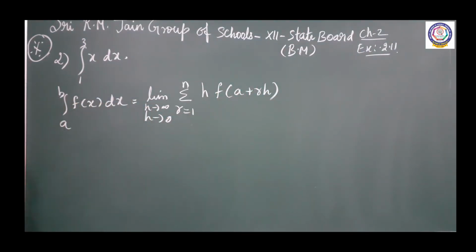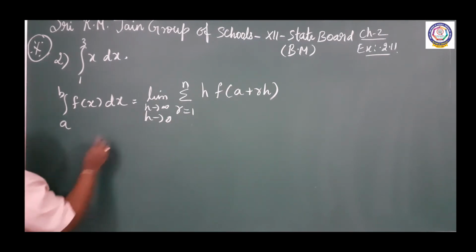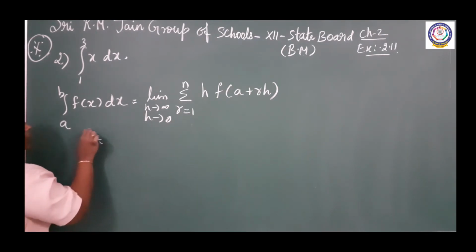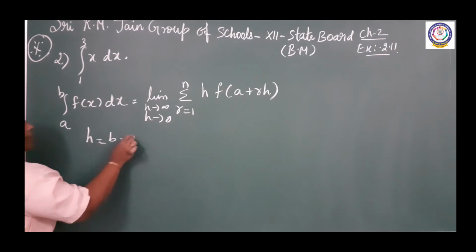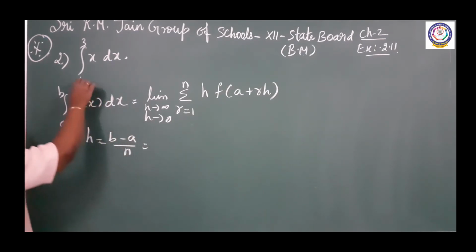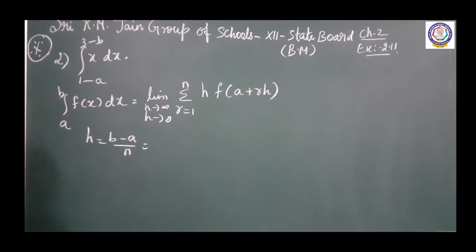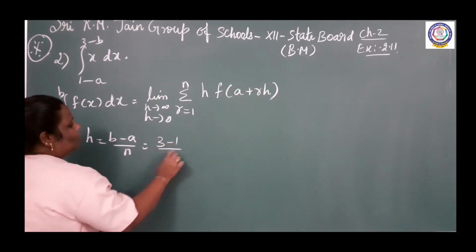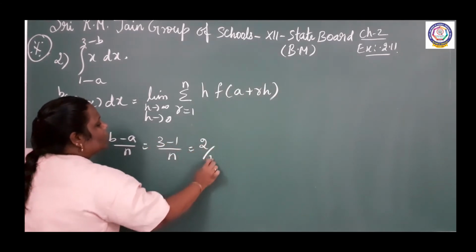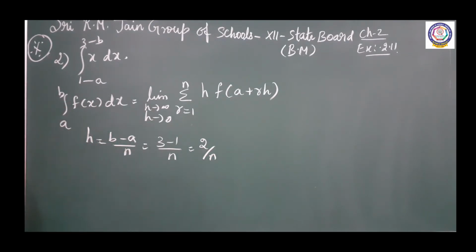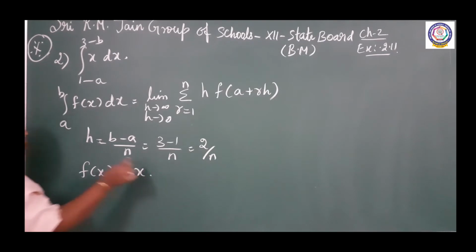You should find out the value of h. h equal to (b minus a) by n. This is a and this is b. So (3 minus 1) by n gives 2 by n.